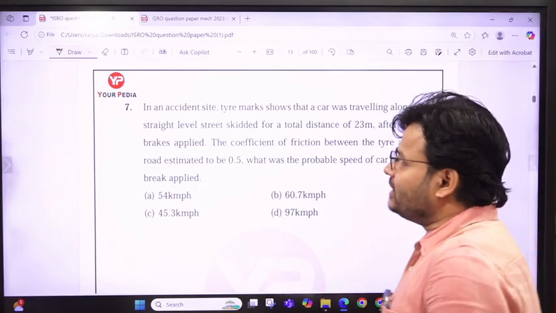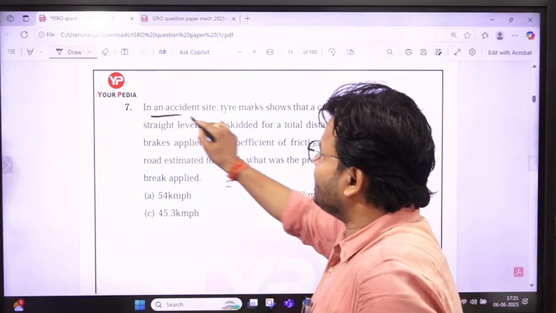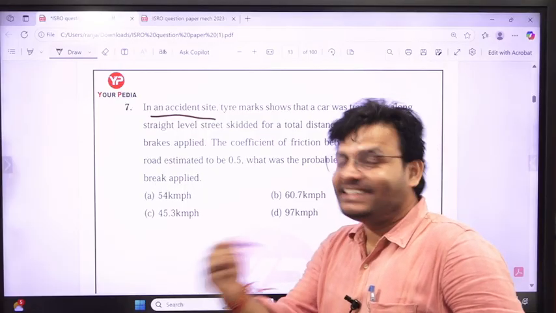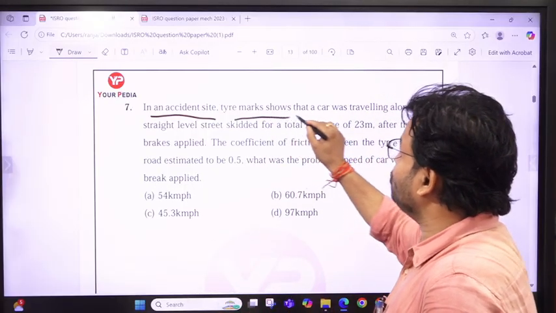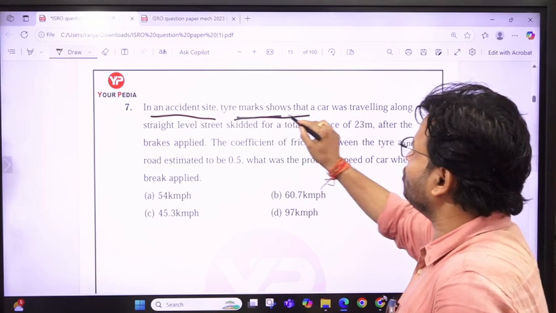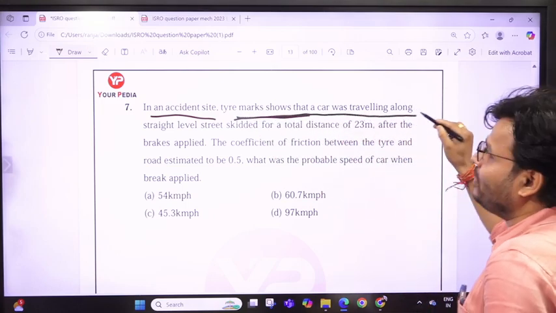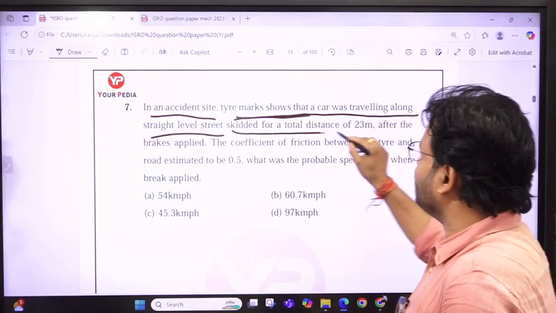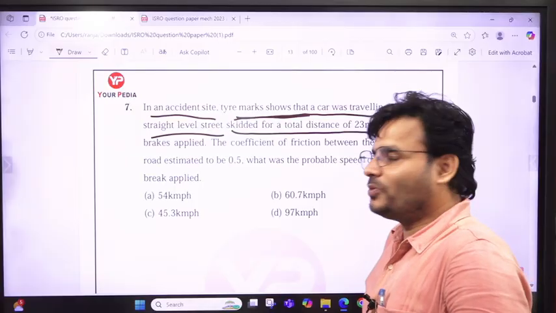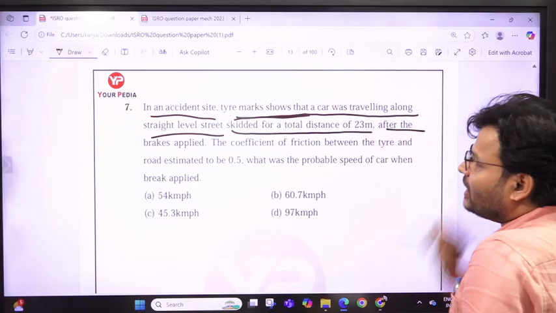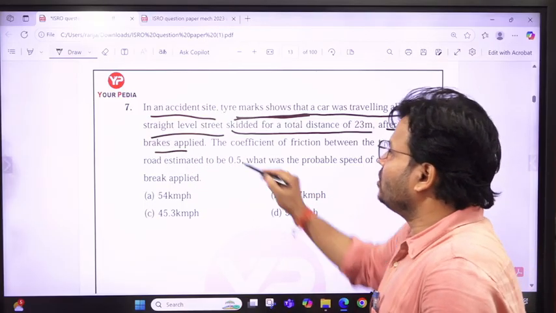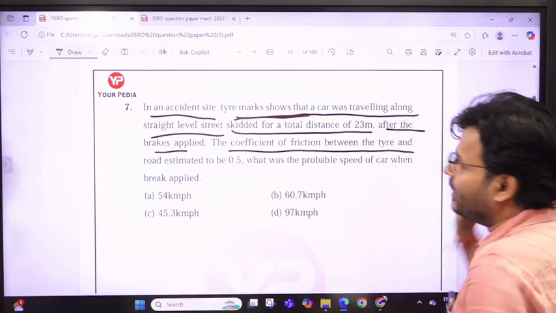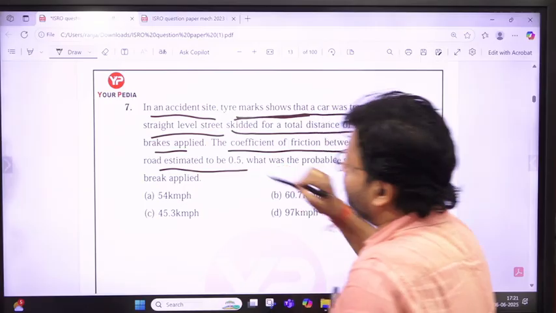In an accident site, tire marks show that a car was traveling along a straight level street and skidded for a total distance of 23 meters. After the brake was applied, the coefficient of friction between the tire and the road is estimated to be 0.5.